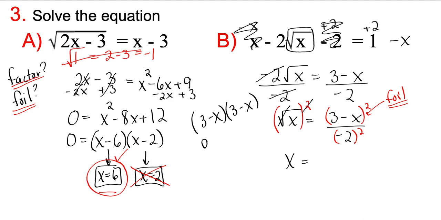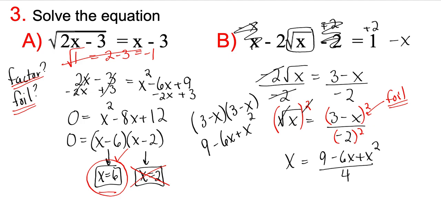Twice. And this would be 9 minus 3x and minus 3x, minus 6x plus x squared. Okay, that's in the numerator. So 9 minus 6x plus x squared. And then we have a positive 4 in the bottom.